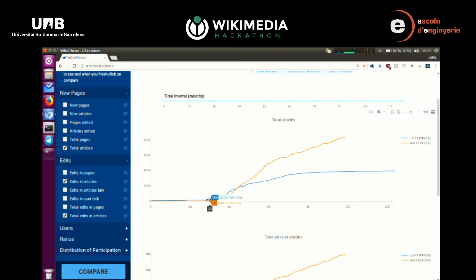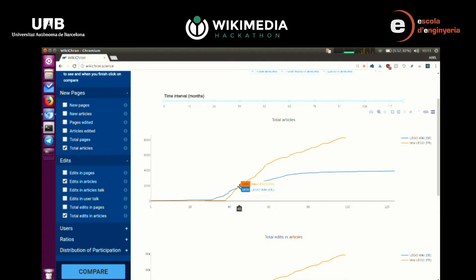So the Dutch Lego wiki started with more articles. It has 165 articles in 30 months since the creation of the wiki. French wiki is going a little bit below in the same time frame, right? So this is the 30 months since the creation of French wiki, and it has only 56 articles, which is 3 times less.